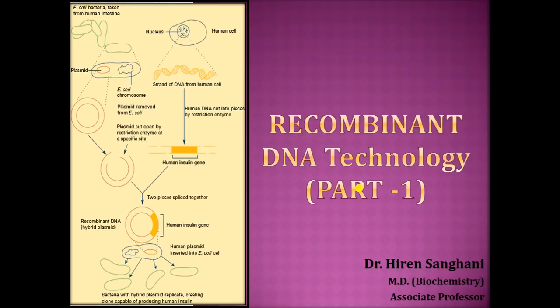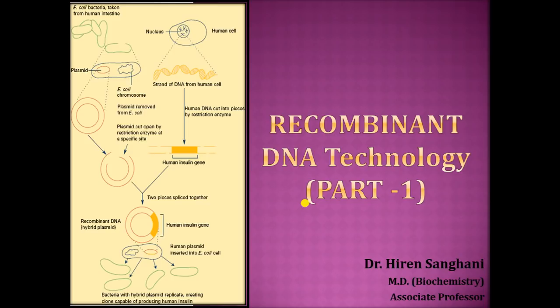For example, insulin, the most commonly used hormone in the treatment of patients with diabetes mellitus, particularly type 1 diabetes mellitus, is produced with the help of recombinant DNA technology. So it is a very important technique to learn and to understand.